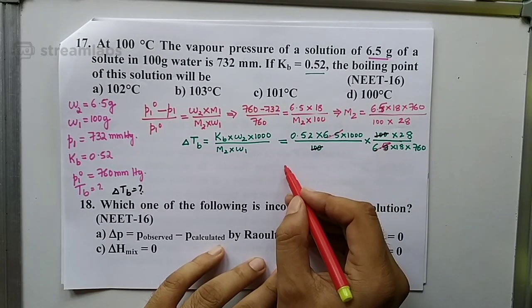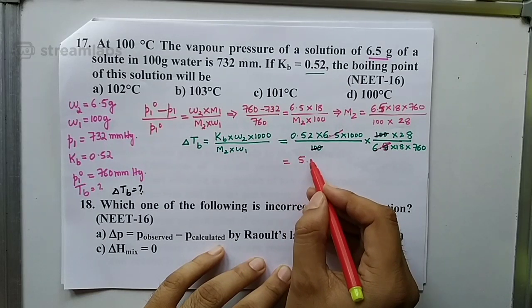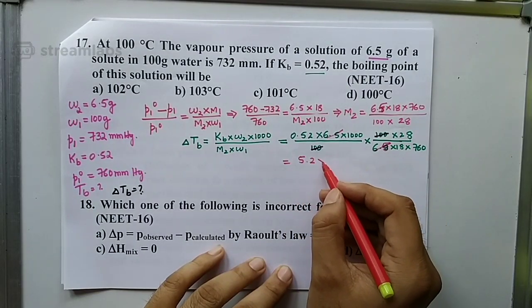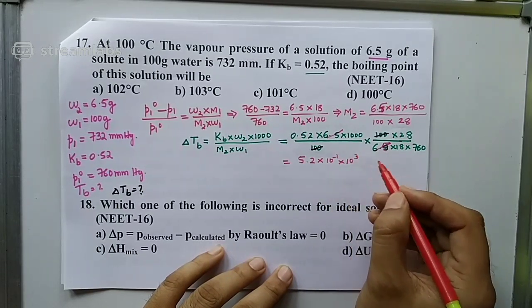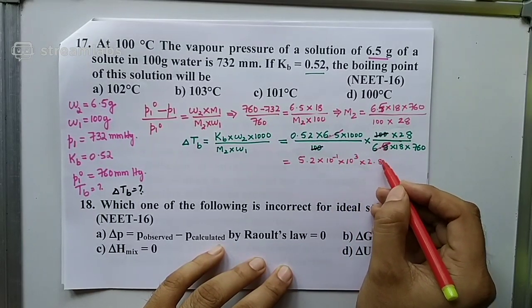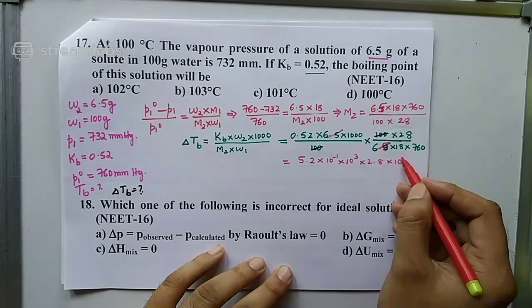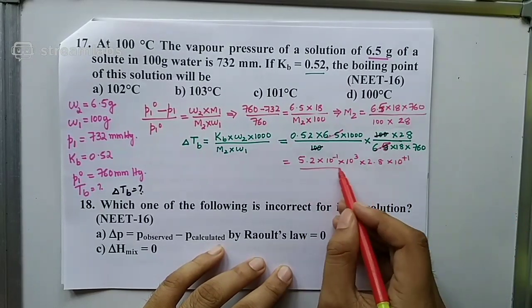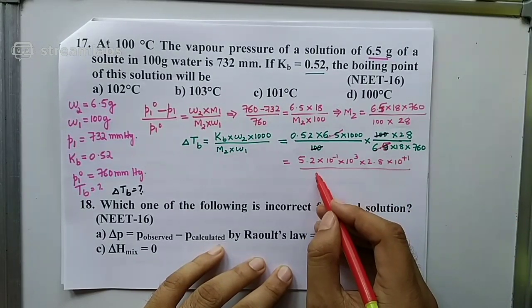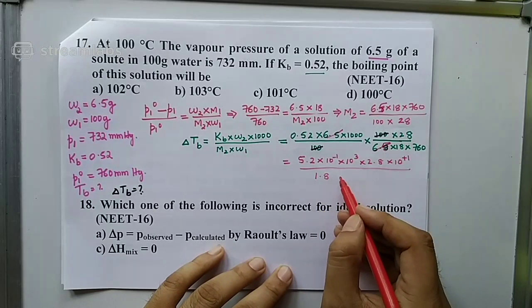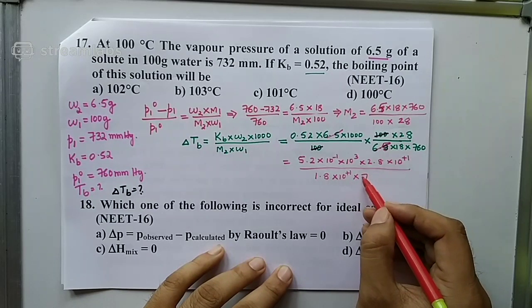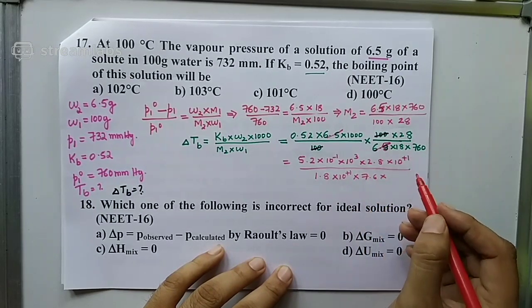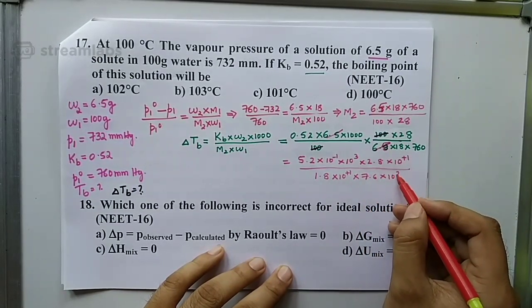I can write this as 5.2 into 10 to the power minus 1 into 10 to the power of 3 into 2.8 multiplied by 10 to the power of plus 1, divided by 18 written as 1.8 into 10 to the power of plus 1, multiplied by 7.6 multiplied by 10 to the power of 2.